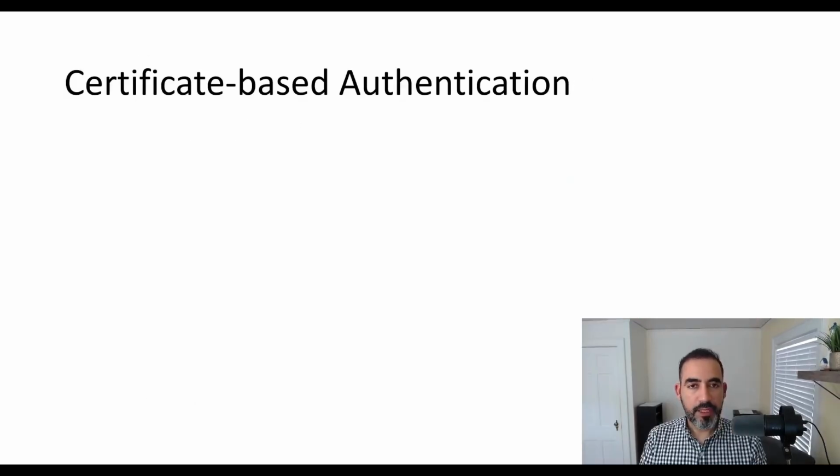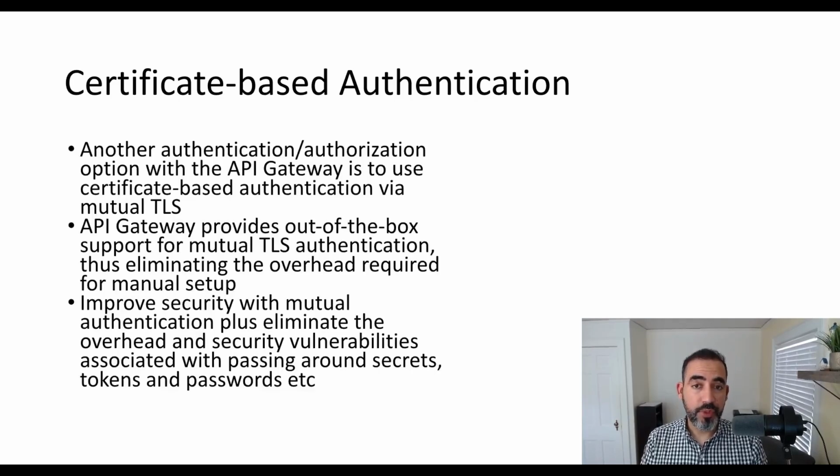There is another capability which AWS API Gateway supports out of the box, and that is certificate-based authentication via mutual TLS. This is something that should be considered whenever we want to implement authentication and authorization in our API Gateway, because it actually provides better security, because it's mutual authentication.